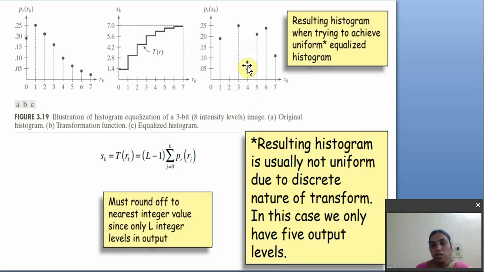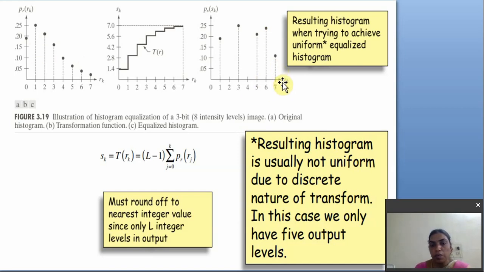Observe the nature of this one, and then observe this one. Here a uniform distribution is there. That means the histogram is distributed uniformly instead of like this.